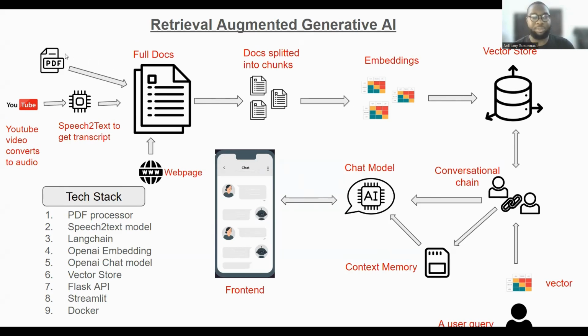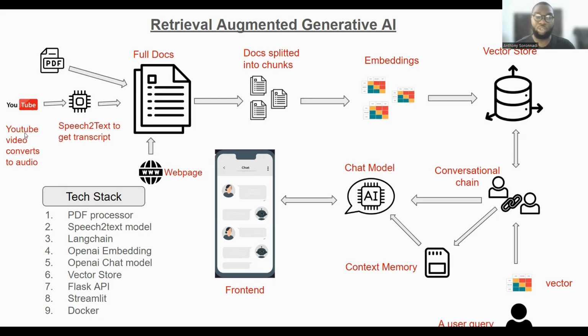You can put in a PDF, and it will break the PDF into chunks, put them into embeddings, and then store those embeddings in a vector store, like a database, where here we're using the Chroma database.